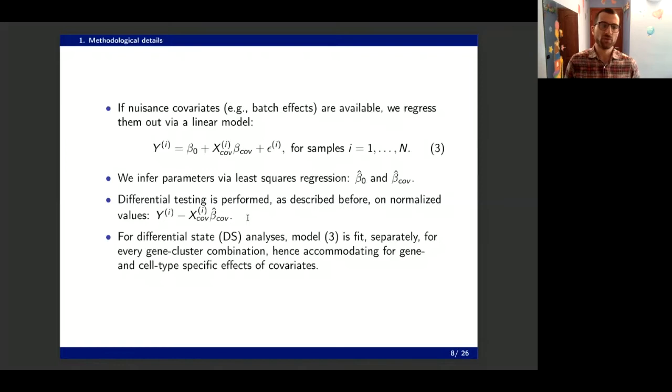Keep in mind that if you do this for differential state analysis, you do differential testing in populations of cells. And so we actually allow for the effect of covariates to vary between genes, obviously, but also between clusters. And we therefore fit this model for every gene and for every cluster separately.